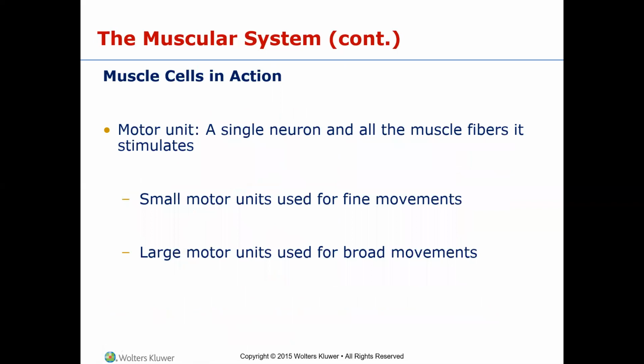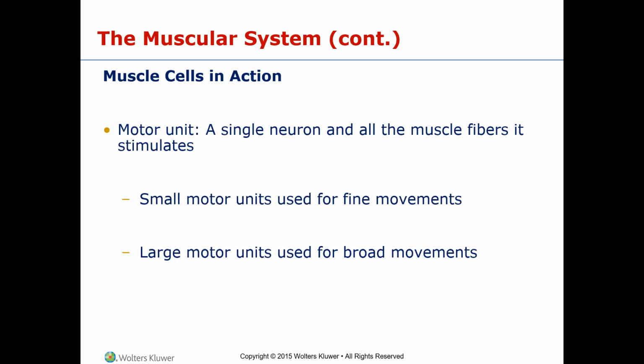So when we look at muscles in action, how are muscles contracting? Well, in order for a muscle to contract, it has to be stimulated, and it's stimulated through neurons that are interconnecting with the muscle fibers, and when that happens, we have a contraction.